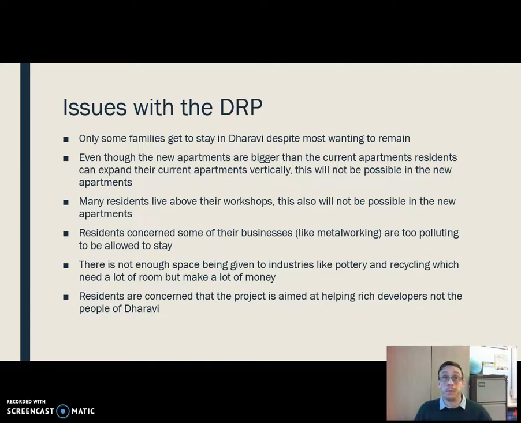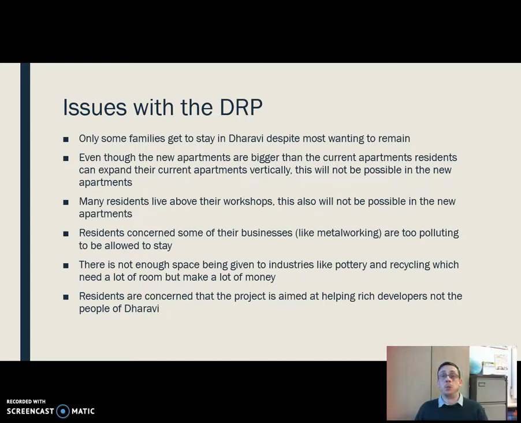A lot of people are very worried that the businesses that they have, so things like metalworking, are far too polluting, and they'll be told their businesses can't remain in the area, so they would need to move away with the skills they have. And there's not enough space being given to businesses like pottery and recycling. Now, these are fairly profitable in Dharavi. They make people money, but they take a lot of room to make that money.